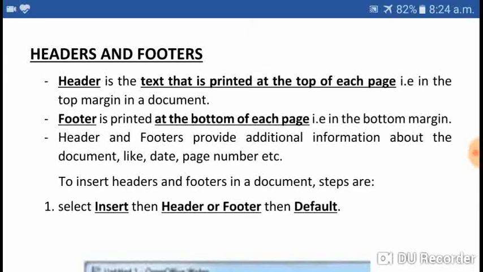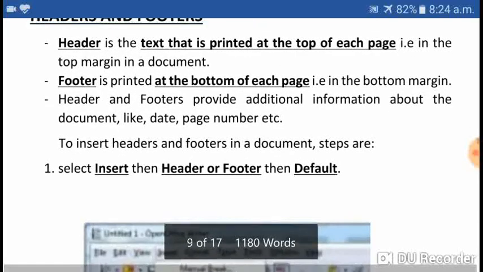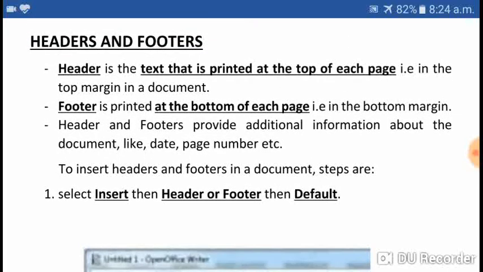And footer, from its name it's very clear, is printed at the bottom of each page. The text whatever we want to print at the bottom, we can type in the footer.